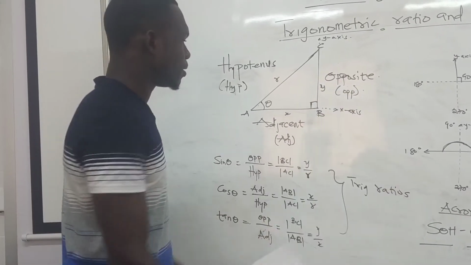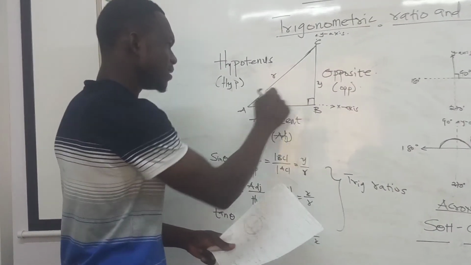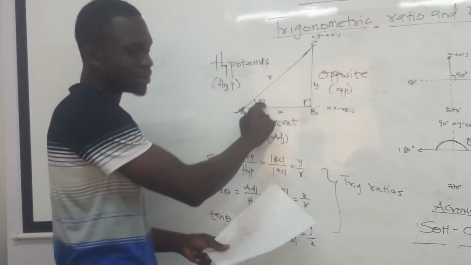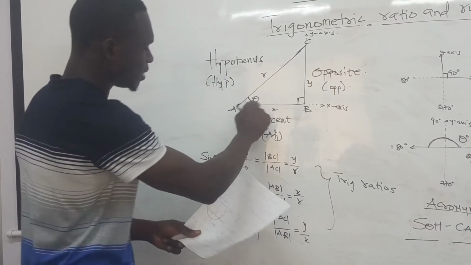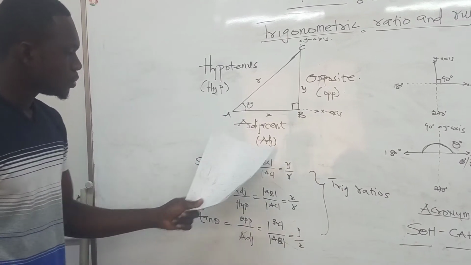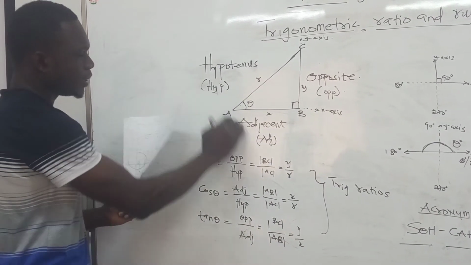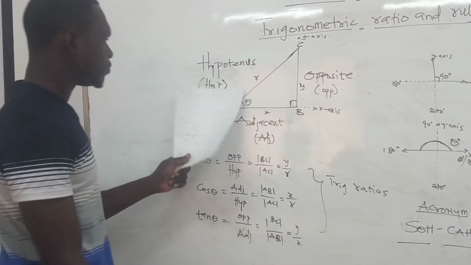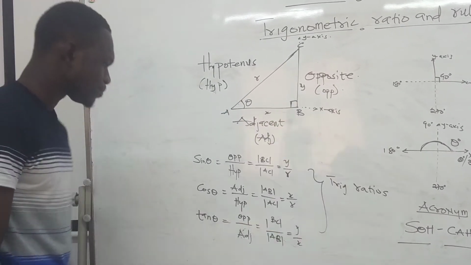And this is the opposite, the line that is opposite to the angle, and the line adjacent to the angle is the adjacent.